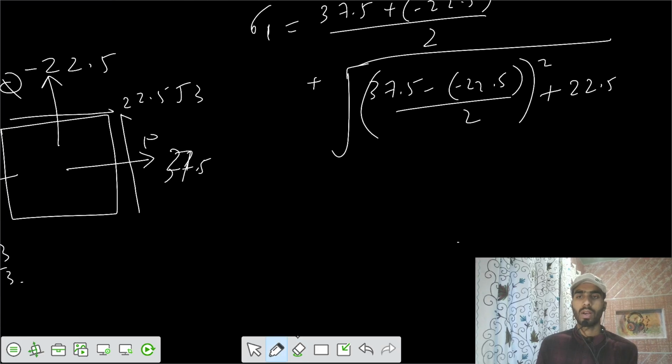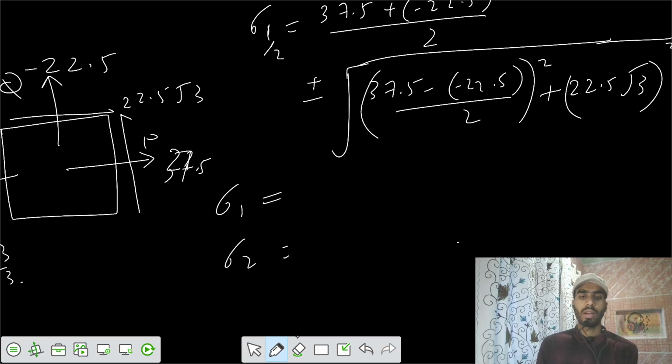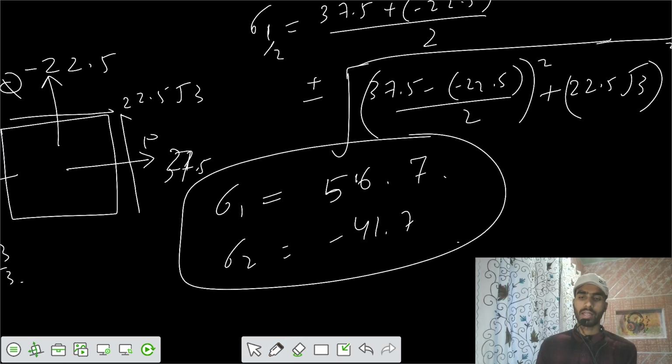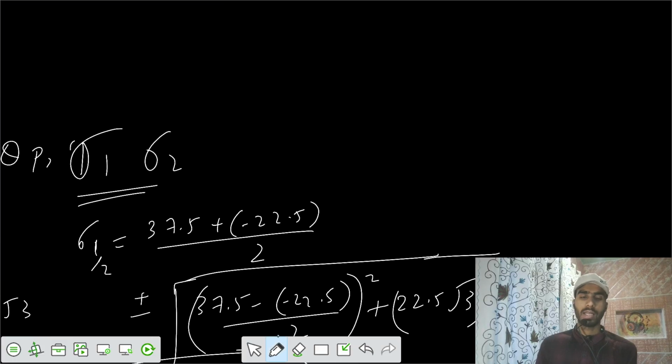Then we can get sigma 1 and sigma 2. So sigma 1 and sigma 2 values are minus 41.7 and 56.7. So this is our final stresses.